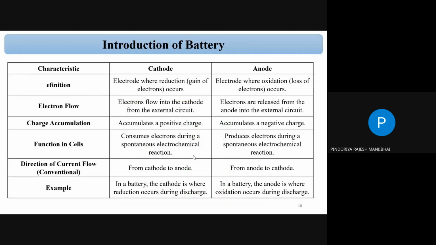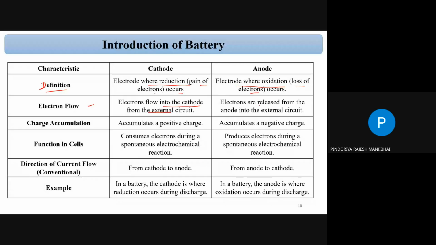So, comparison between the anode and cathode. Here is the definition. The cathode is the electrode where reduction, the gain of electrons, occurs. Electrons flow into the cathode from the external circuit.